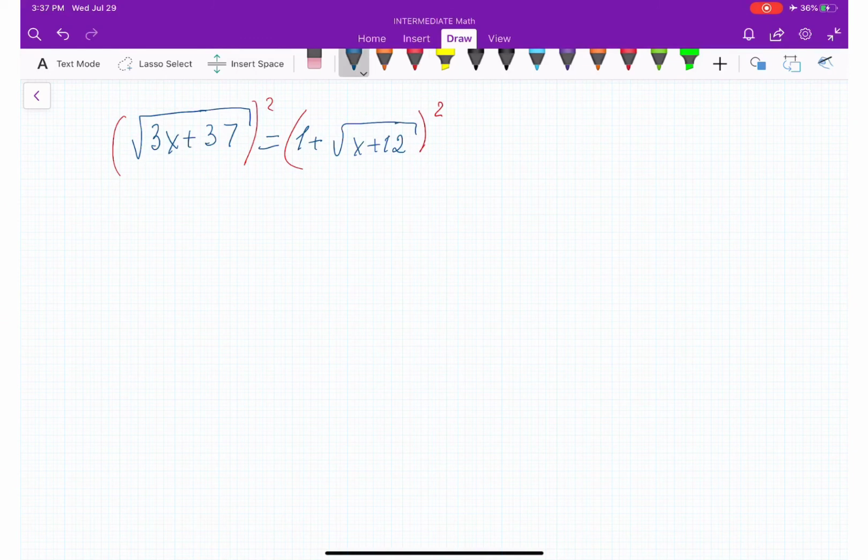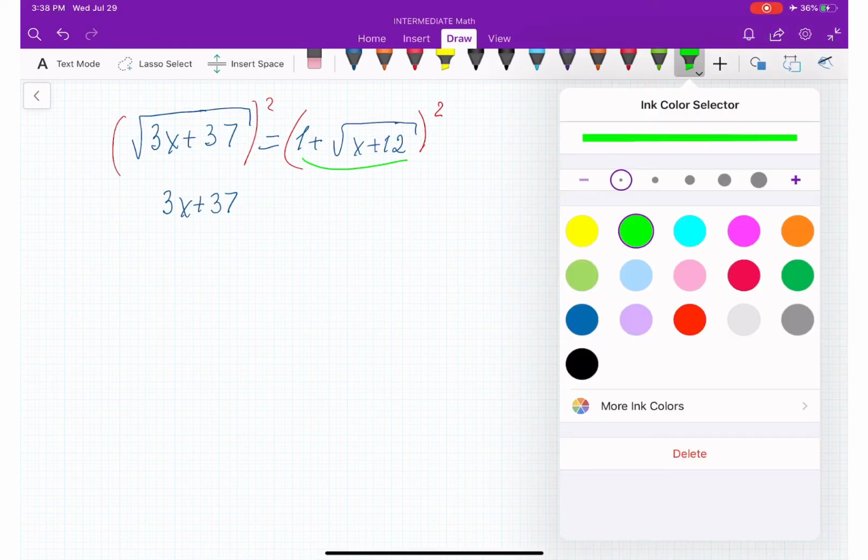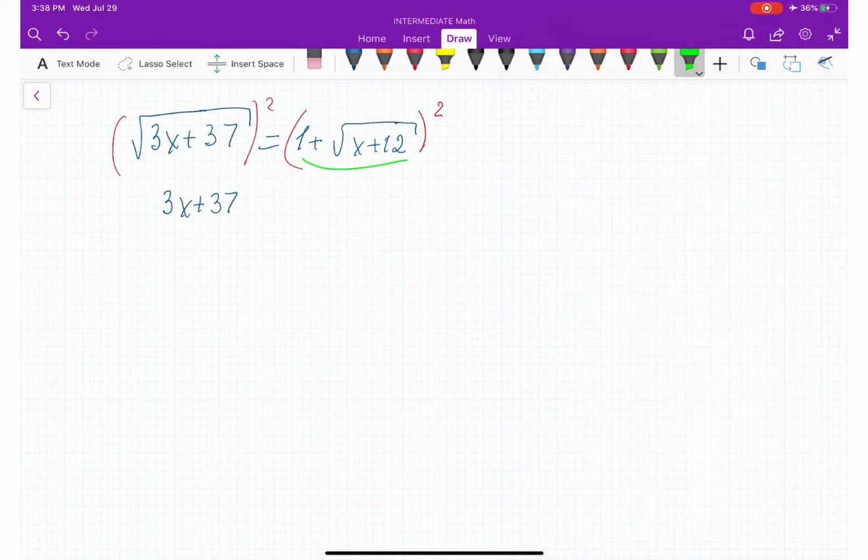So from this one, 3x plus 37, clean will come out. It's a different story with this one. We are going to apply again a plus b squared, where a is equal to 1, b is equal to square root of x plus 12.